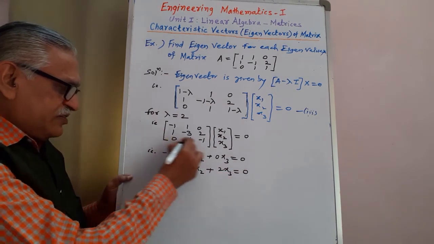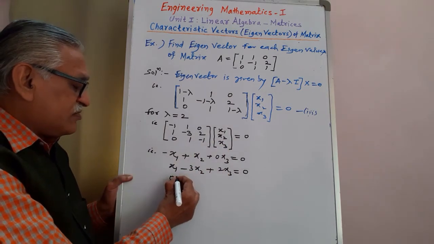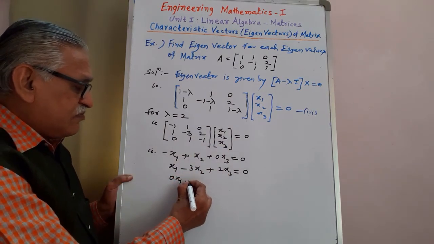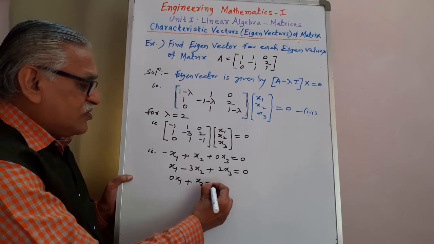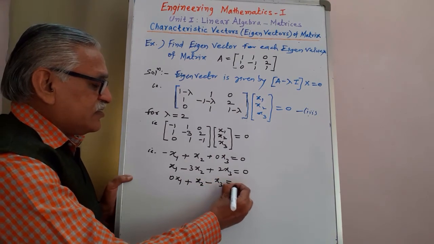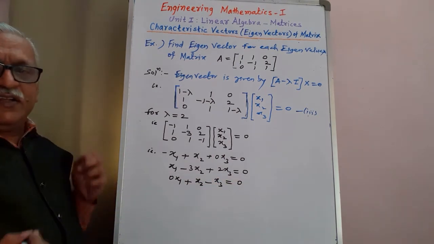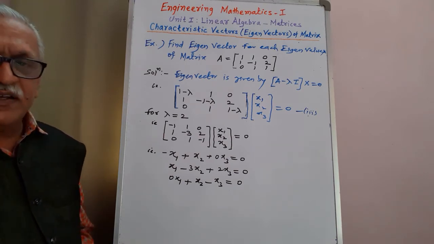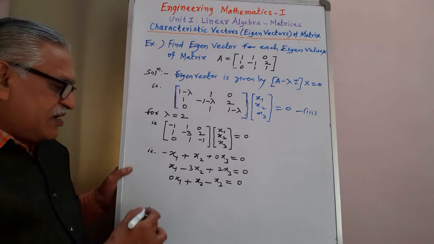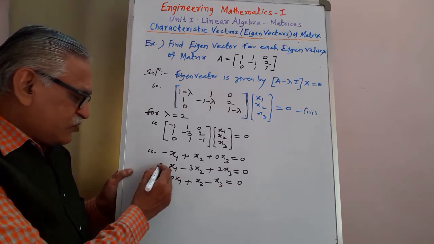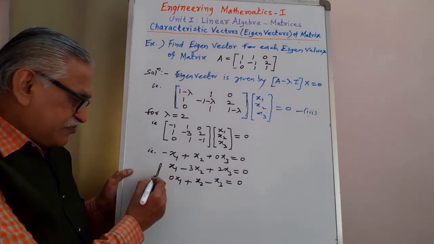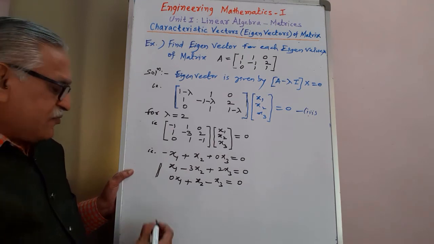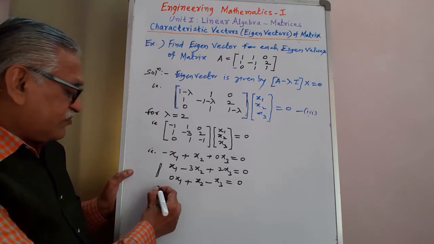And then the third equation is 0x1 plus x2 minus x3 equals 0. And then solving these equations simultaneously once again by Cramer's rule, this time I will consider the last two equations. Okay, therefore solving by Cramer's rule.